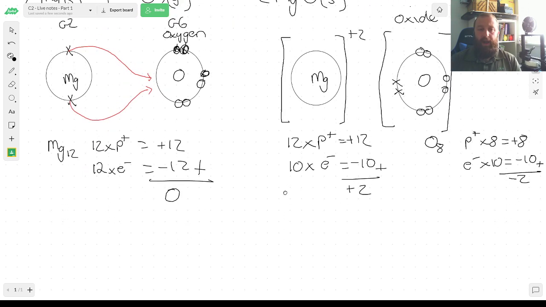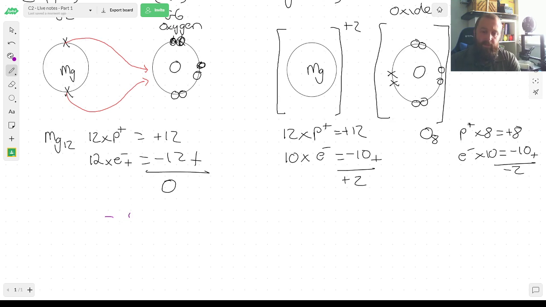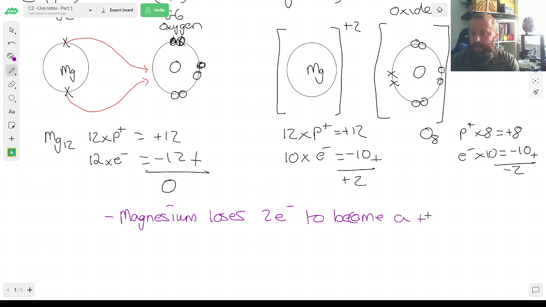Now, let's have a look at what we would write if we were putting this into words. So I'm going to start off with my metal, and I'm going to explain what's going on. Magnesium, remember that's my atom, loses 2 electrons to become a +2 ion.